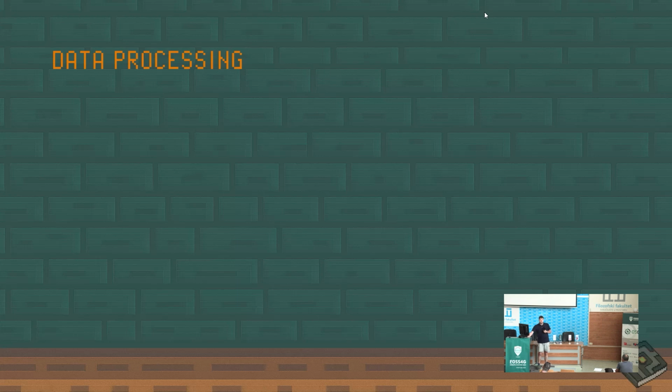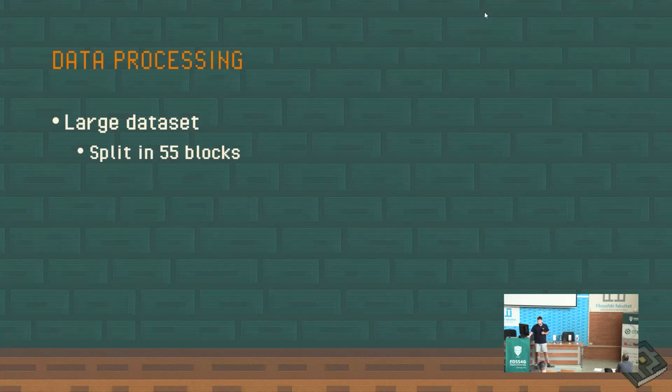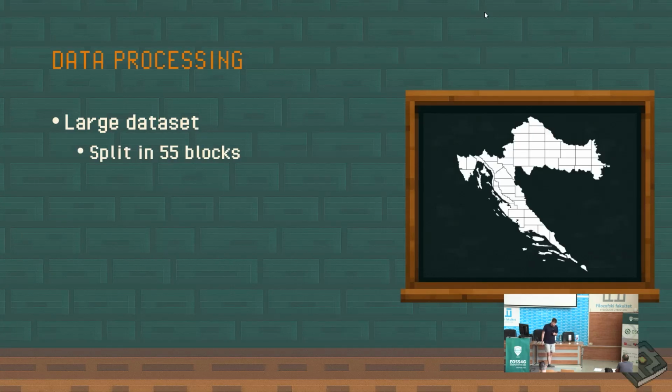To get to Cesium, we needed to process the data. We have a large data set, as I already said, but the whole territory of Croatia was split into 55 blocks. You can see them here on the whiteboard. Those 55 blocks were processed individually. We had about 1,100 LAZ files per block.